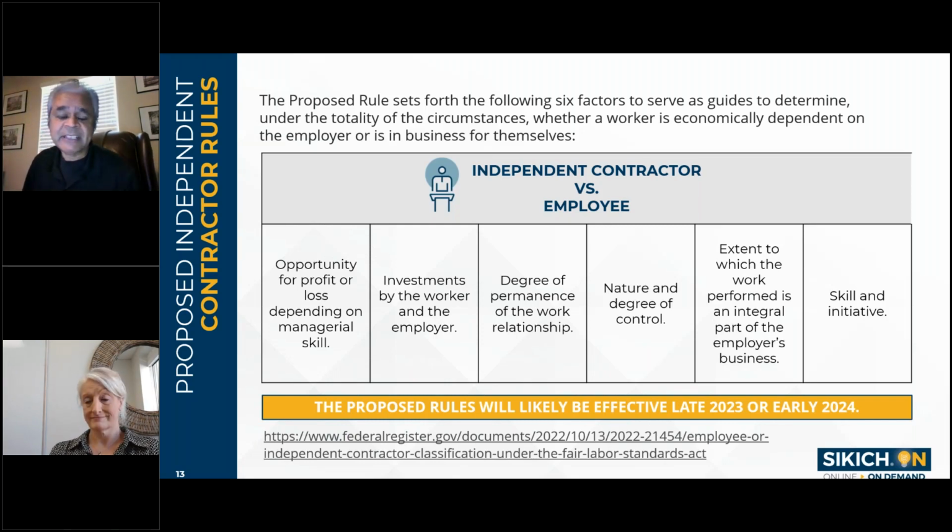Now, employees can have skills and initiatives. Contractors can have skills and initiatives, right? Nobody says that either one of them can or can't have that. But at the same time, if you need a specific initiative or a specific skill to do a job, that could qualify you as a contractor, okay?